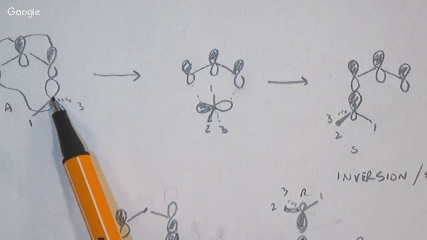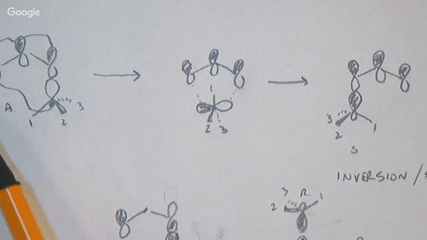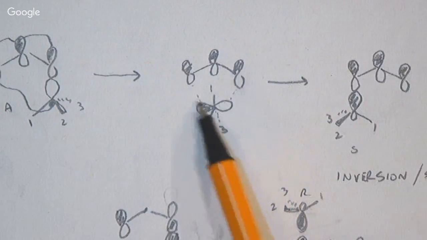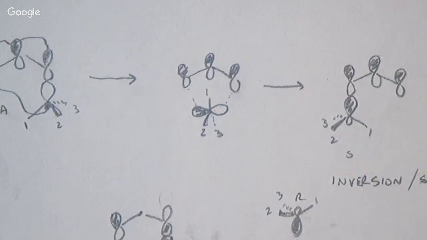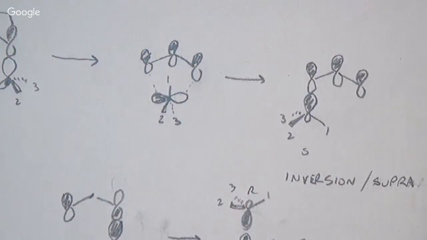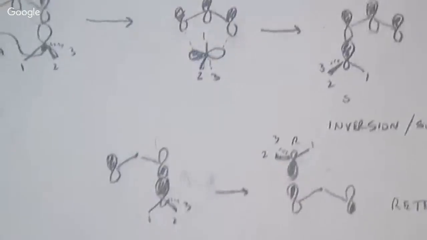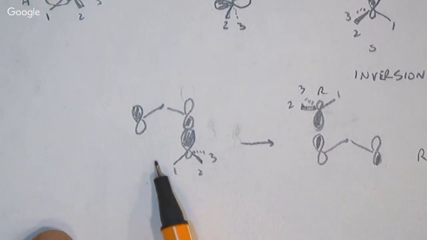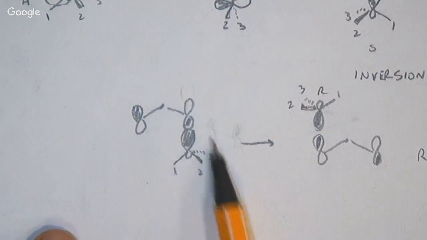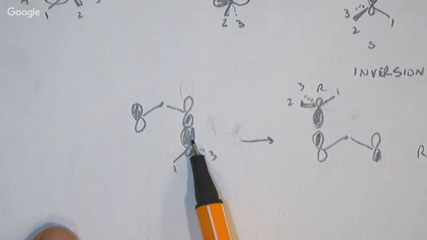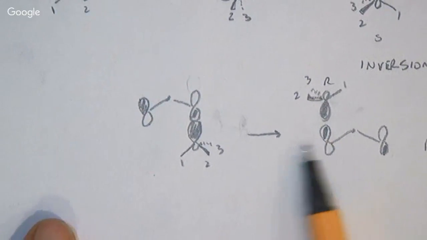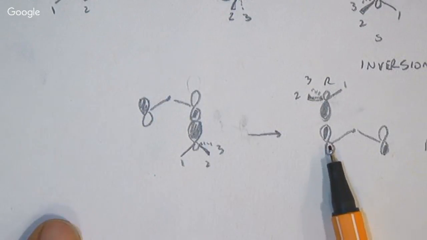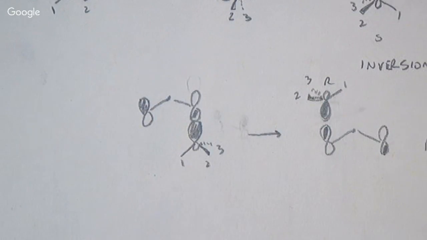And so I've shifted this group, a single atom, so it's still a 1,3 shift. I've shifted it on the same face, but I've done it with inversion. So this is a suprafacial shift, but with inversion. Okay. If I want to keep it antarafacial, like we talked about before, you'd say, okay, here I did this by FMO, the idea that this is what it would look like, and if I'm going to shift it and pluck it up and turn it over to the other side, I would also be retaining the stereochemistry, but I would be shifting it to the antarafacial side of things.